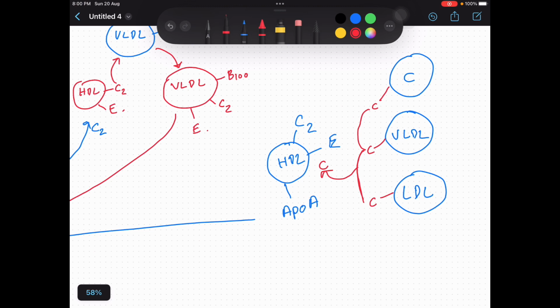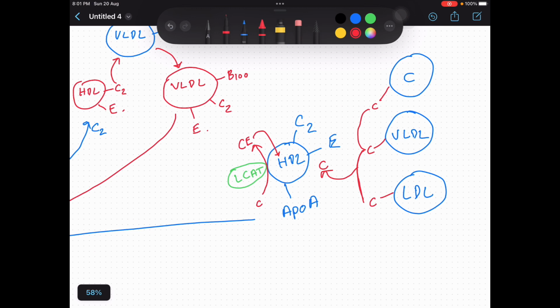This cholesterol needs to be converted to cholesterol ester to be stored inside the HDL. For that we have an enzyme called LCAT, lecithin cholesterol acyltransferase. LCAT converts cholesterol to cholesterol ester, and this cholesterol ester gets accumulated within the HDL.